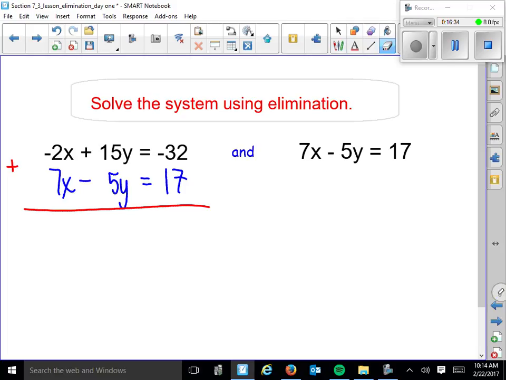Now I'm going to look at the y's. I have a 15 and a negative 5. And right away, I'm going to get a little more excited about this one because I can see that if I could just multiply this 5 by a 3, then that coefficient would be negative 15y. And added to a positive 15y, that would allow me to eliminate the y's.